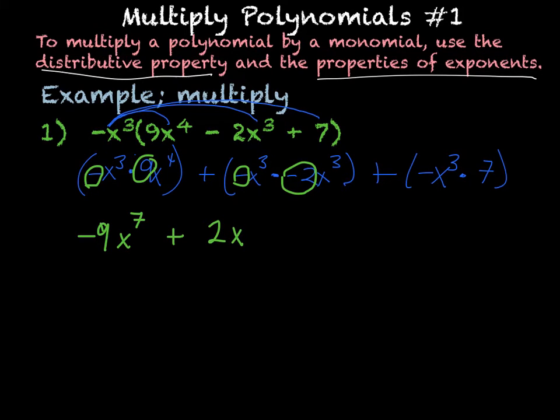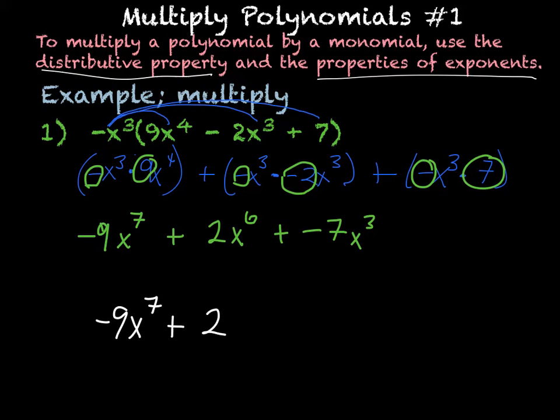And then my x's, there's 3 and 3, x to the 6th when I add them together. Plus a negative 1 times 7 is a negative 7, x cubed. So my final answer, I would write negative 9x to the 7th plus 2x to the 6th minus 7x cubed.